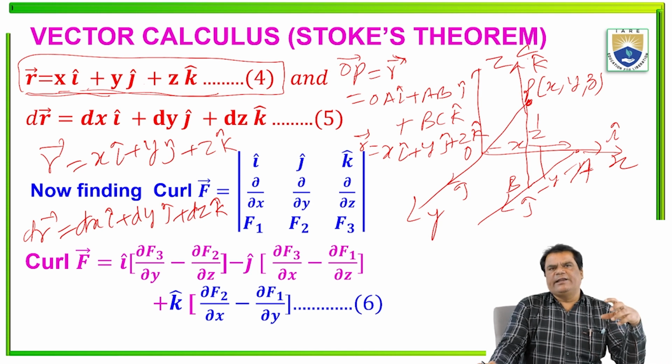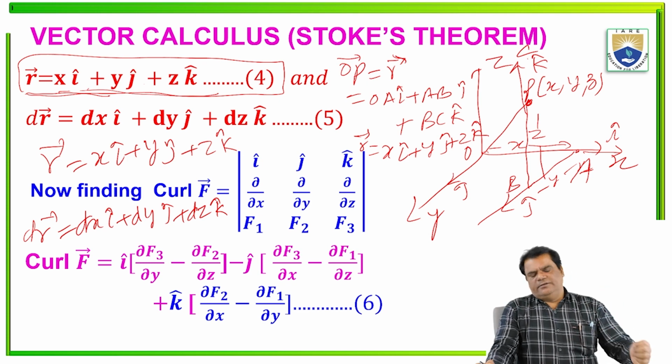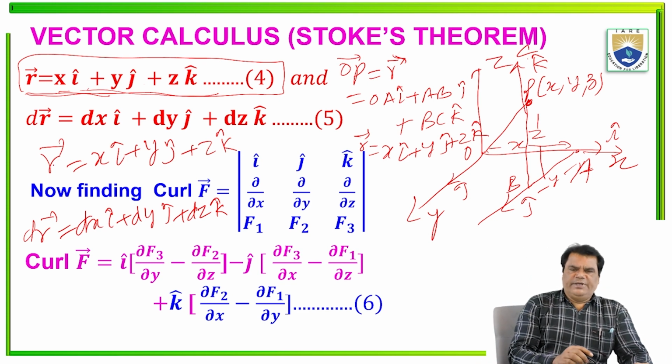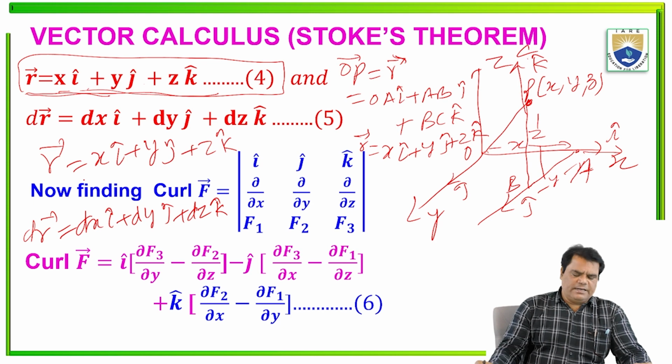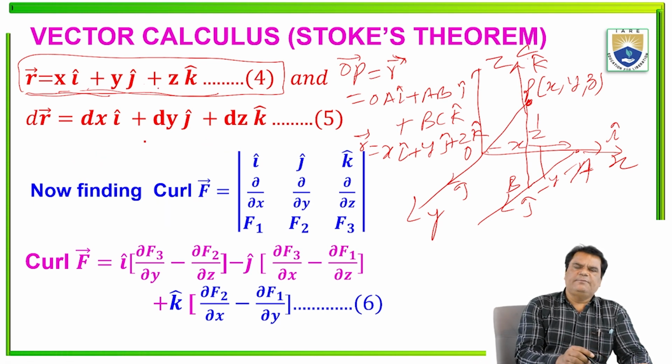And i, j, k are unit vectors along the x-axis, y-axis, z-axis. So the total sum of the vectors covered by the particle is xi vector plus yj vector plus zk vector. So that is our vector. We have discussed this vector in the last lecture. So now this is vector r equals xi plus yj plus zk by equation 4.